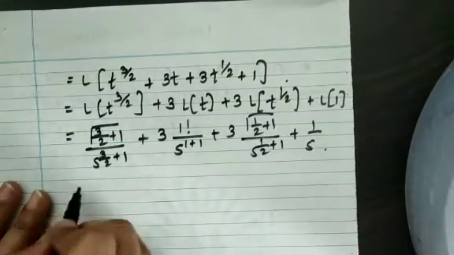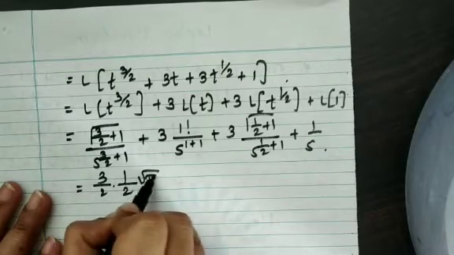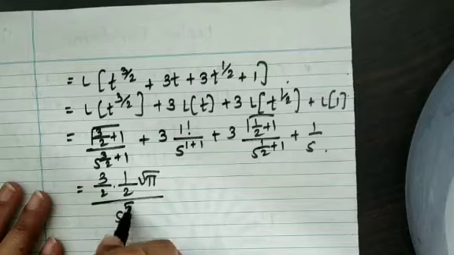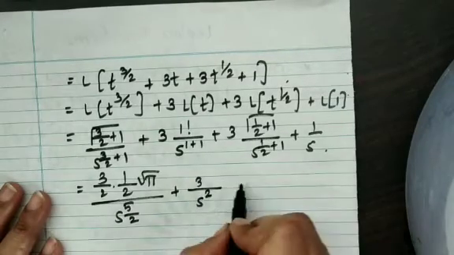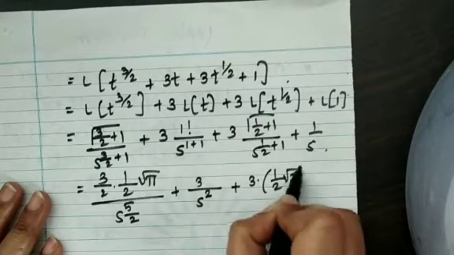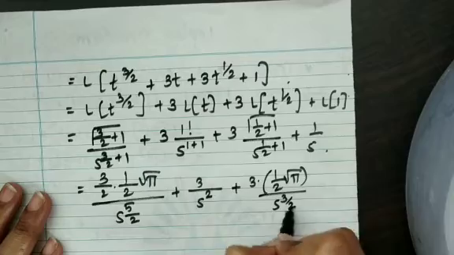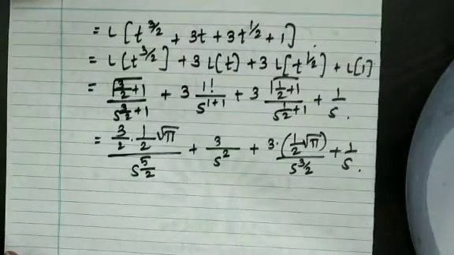So it is 3 by 2 into 1 by 2 into root pi upon s raised to 5 by 2, plus 3 upon s square, plus 3 into 1 by 2 into root pi upon s raised to 3 by 2, plus 1 upon s is the required answer.